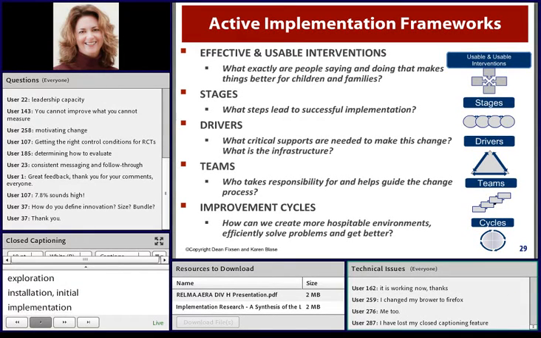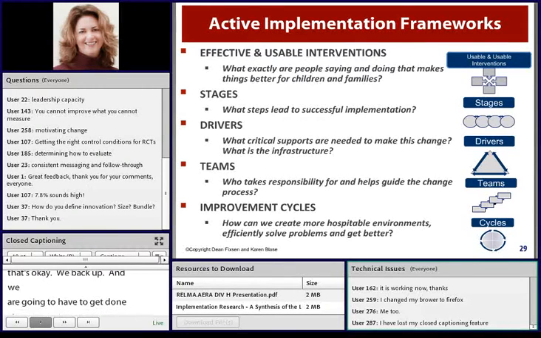Within each of those stages are key steps or activities that need to be engaged in. Those stages are not linear. They are recursive and overlapping and additive, as much as my linear brain would like them to be. And we often find that many of us skip the exploration and somewhat of the installation work, and we don't realize it until we're in initial implementation and we're having to back up. And that's okay. We back up, and they are going to have to get done at some time.